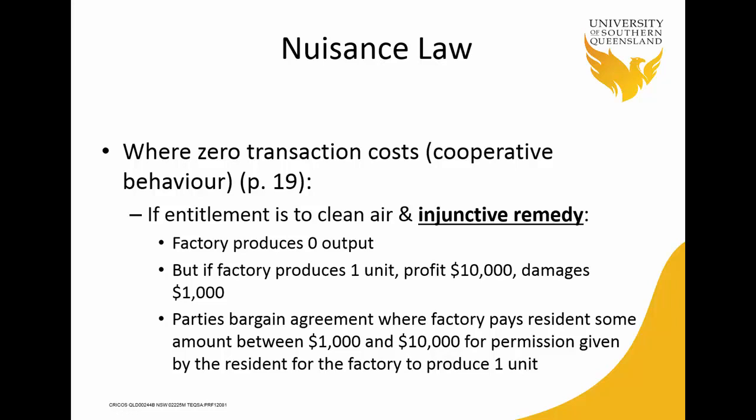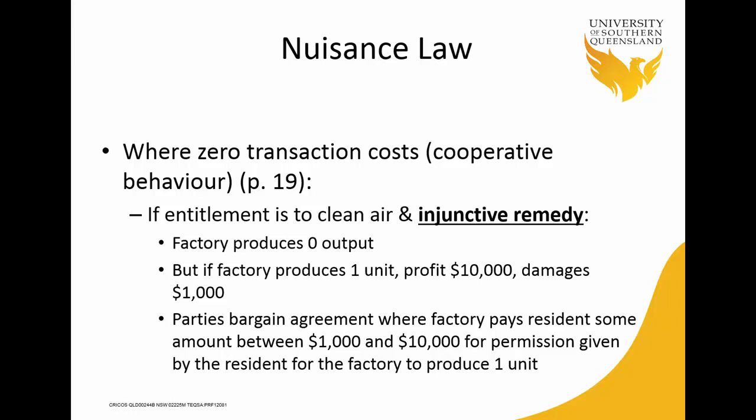But here's then what happens with cooperative behavior. If the factory produces at 1 unit, the profit, as we saw in the table, is going to go up by 10,000, but the damages would go up only by 1,000. So this is a good place to start looking at cooperative agreements. The parties bargain an agreement where the factory pays the resident some amount between the 1,000 damages and the 10,000 profit, which would be a win-win situation for both.